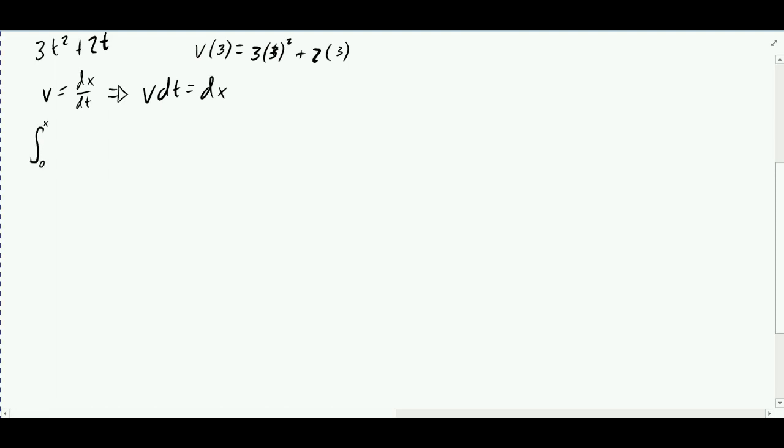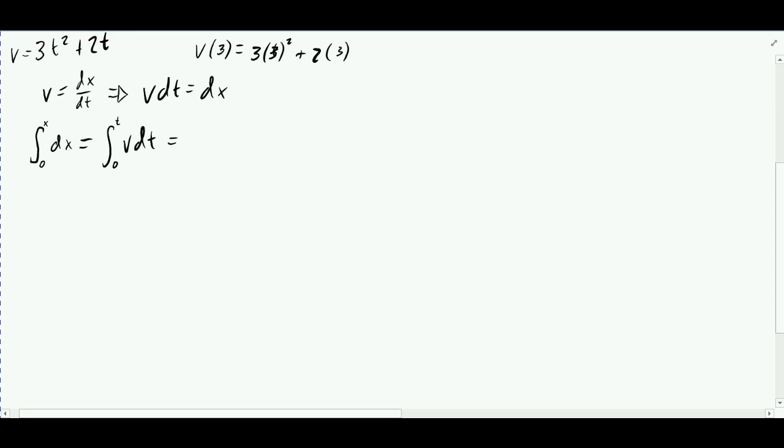From 0 to x of dx. Okay, so I just switched them. And the other one will be with time: v dt. But what does v even equal? V equals this, 3t squared plus 2t.